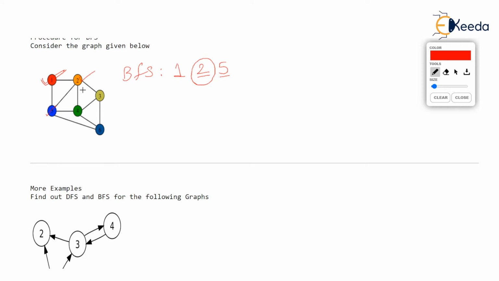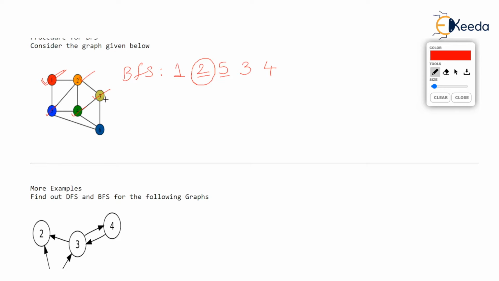Among the neighbors 1, 3, 4, 5 of vertex 2, 1 and 5 are already ticked. So you print the rest of the neighbors from least to largest. So the output will be 3, 4. I hope you are understanding. After 3 and 4 get printed, we'll mark them as visited.